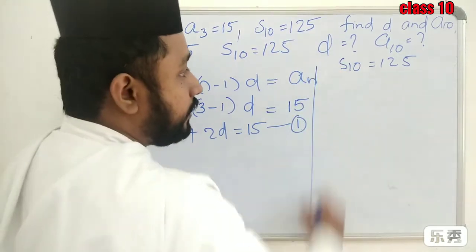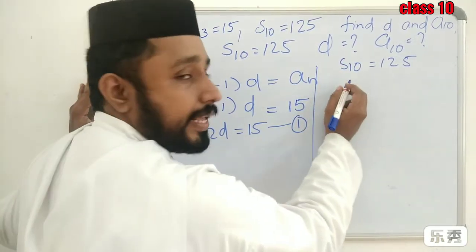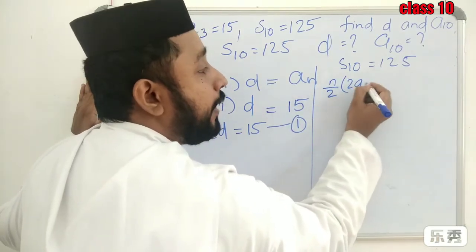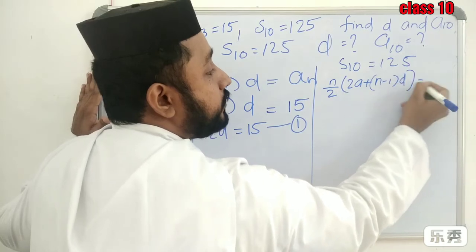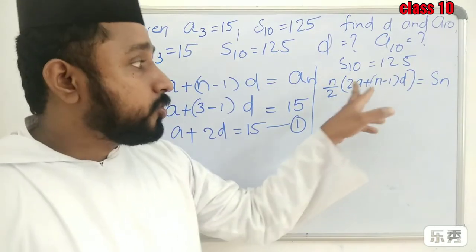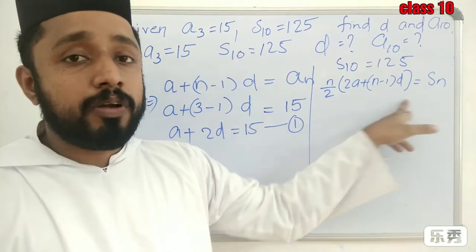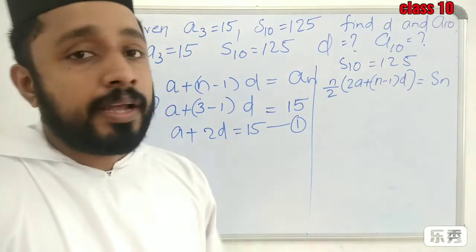The formula for Sn is n by 2 into (2a plus (n minus 1) into d), which is equal to Sn. That is the formula for the sum of an AP, so from this formula we can form another equation.